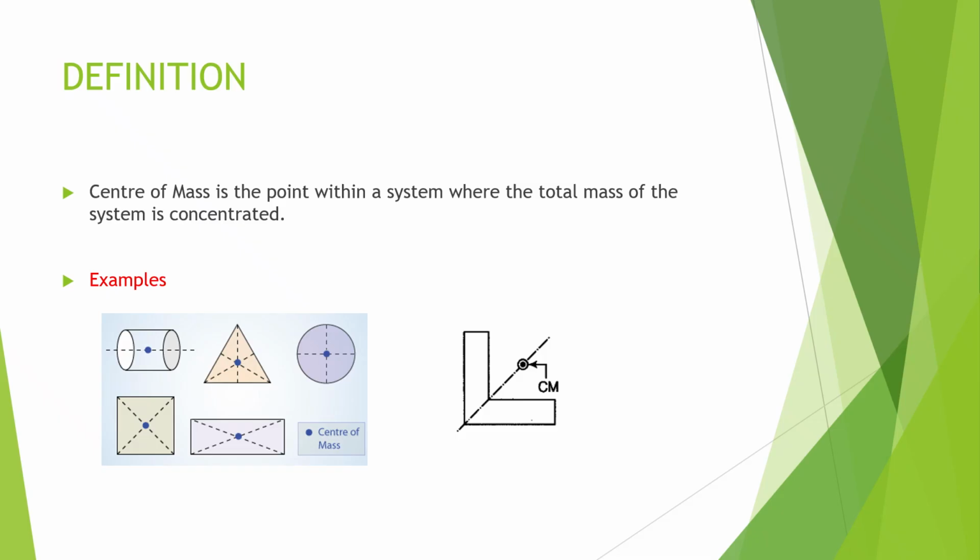And if I describe the motion of this particle, we would have described the motion of the body. So that particular point where the entire mass is supposed to be concentrated and which is used for describing the motion of the body is called its center of mass.